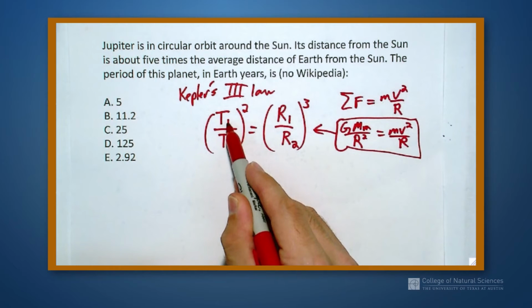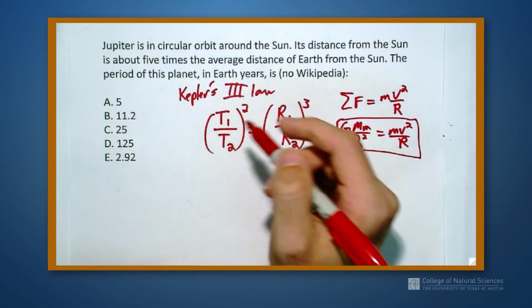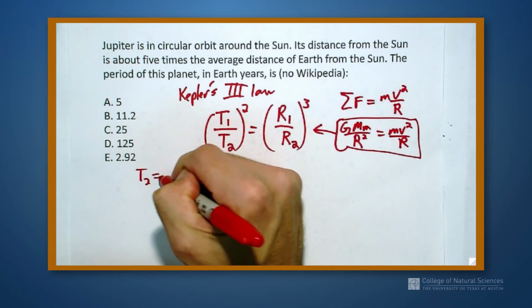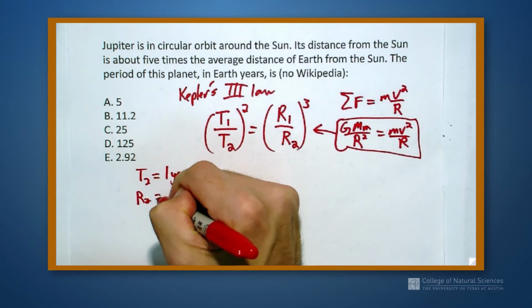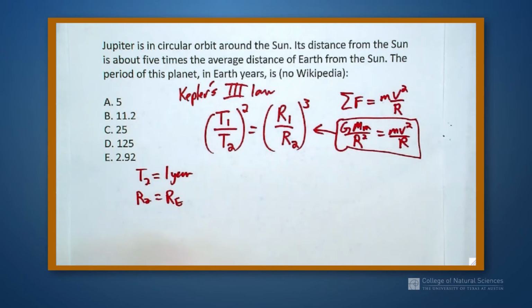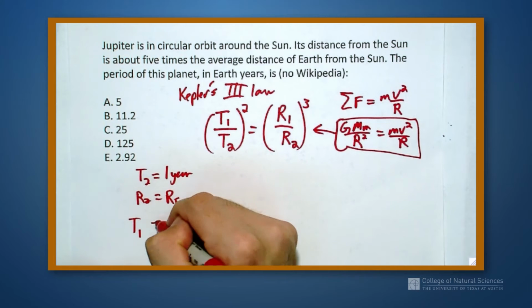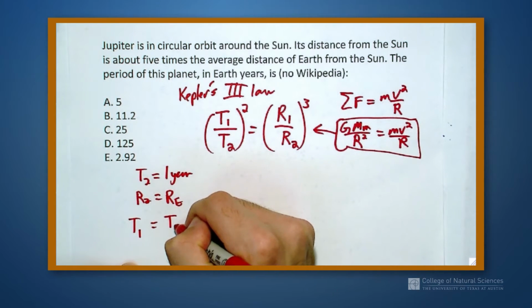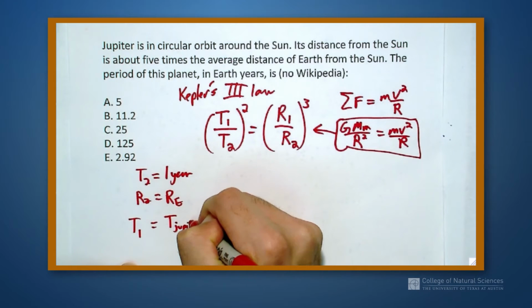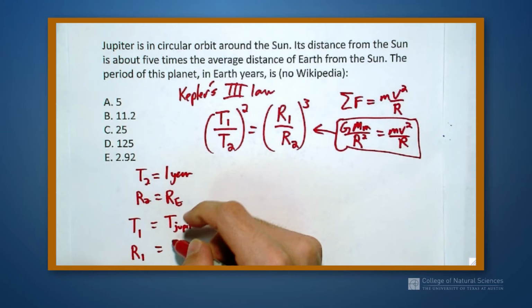But what this says is that if I know one value, say the Earth, say T2 is equal to 1 year and R2 is equal to 1 Earth radius, then T1 is going to be the time for Jupiter, and the radius of 1 will be the radius of Jupiter.